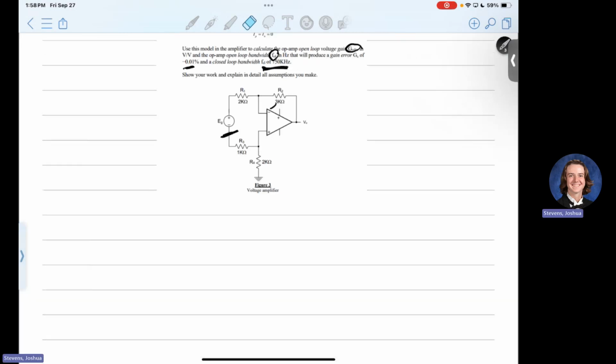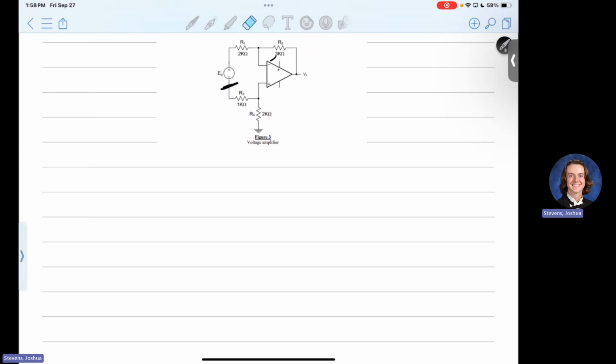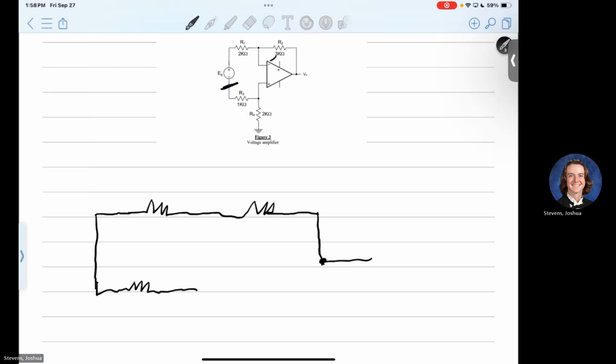All right. There we go. Okay. So, ideal model. That's a horrible position. Nope, that was wrong.